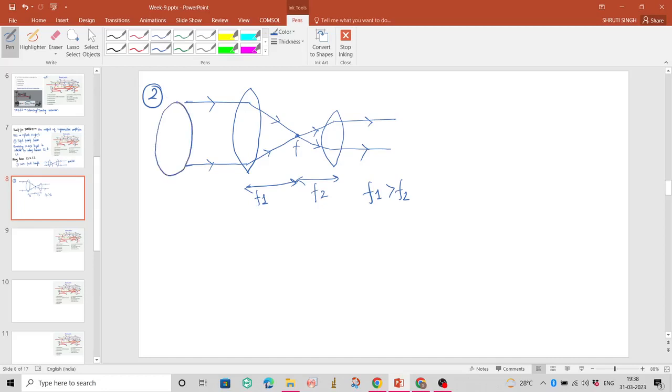This is, for example, the beam spot. After going through this pair of lenses, the beam diameter got reduced. So we have packed the same energy in a smaller diameter beam. Okay.